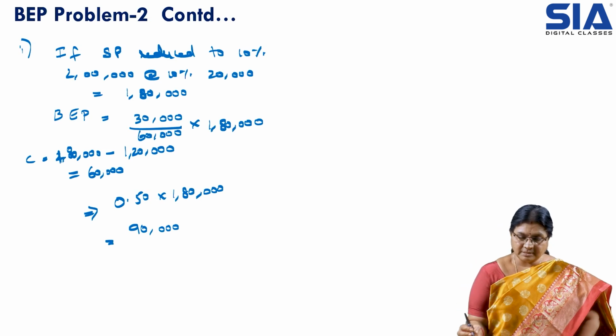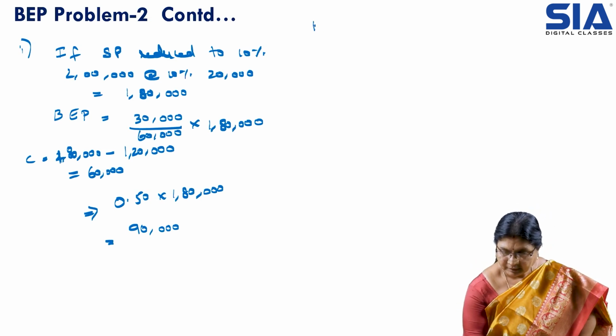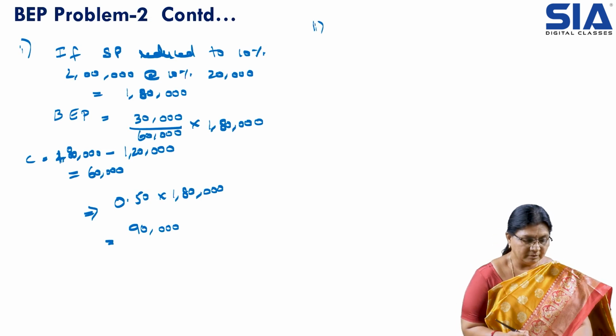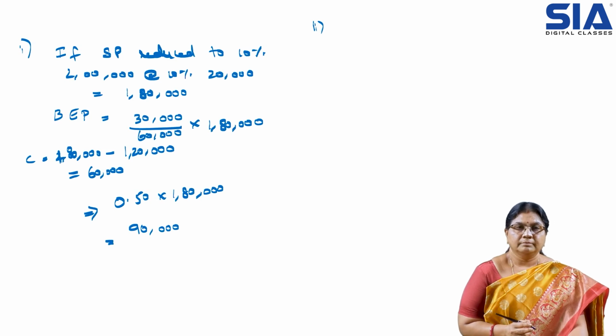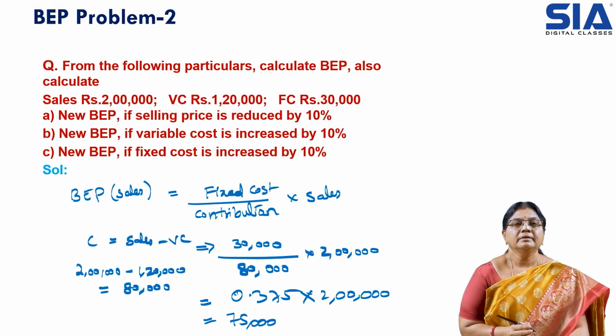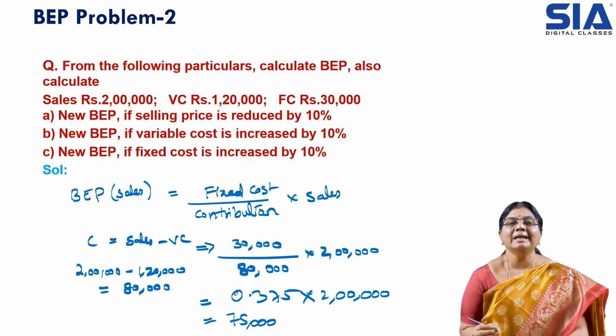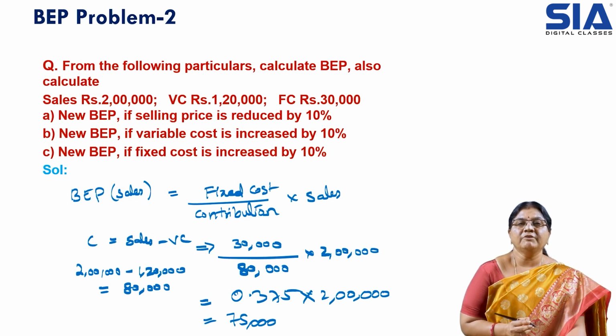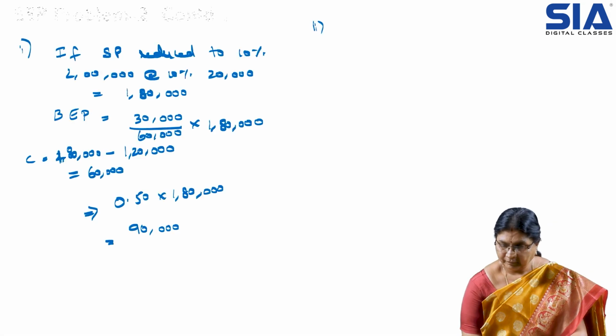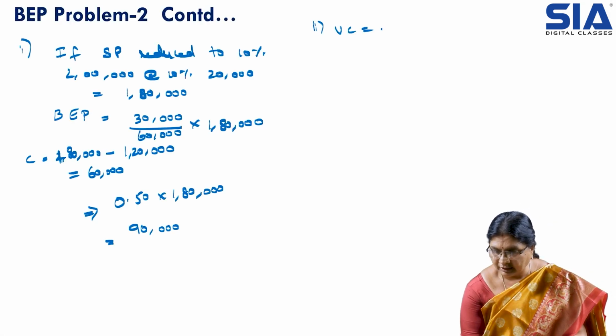Then the second case is when the variable cost is increased by 10%. So here the variable cost is 1,20,000.